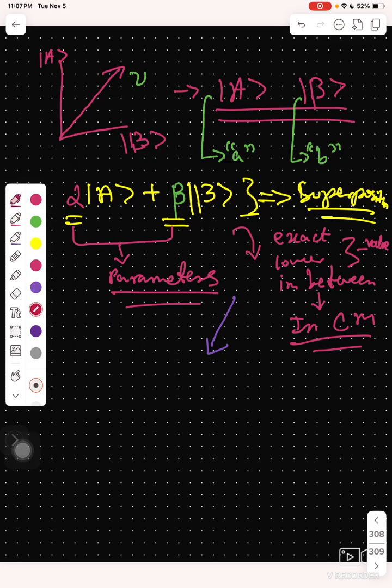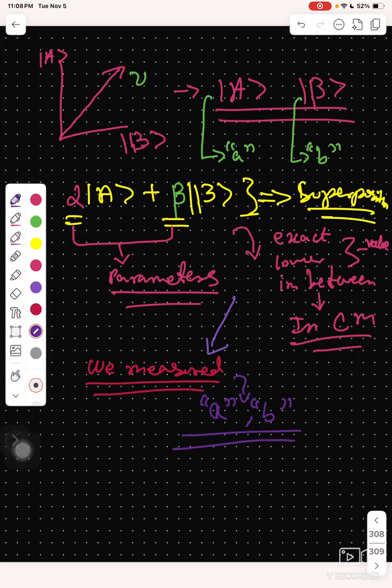When measured, we get either A or B. It's either one of them. We cannot get A and B; there is some probability of A and some probability of B, but the wave function breaks and we get either one.